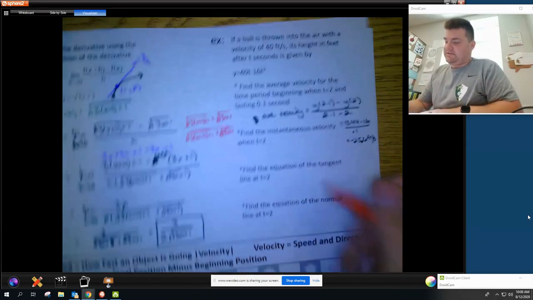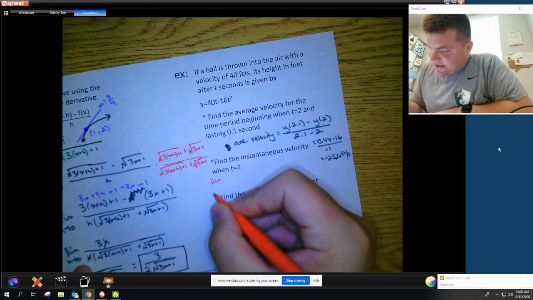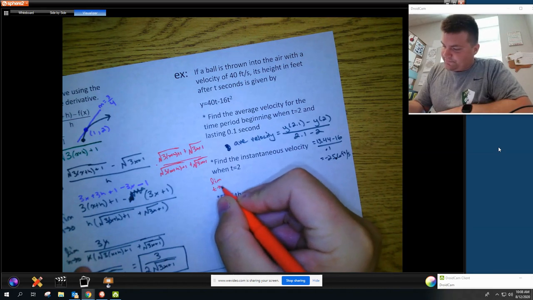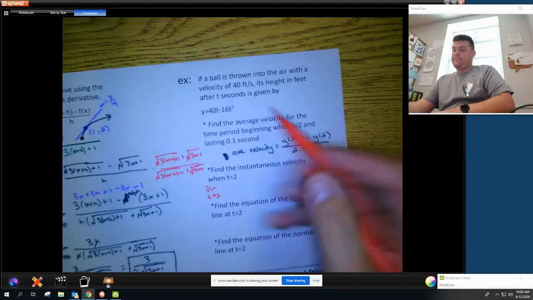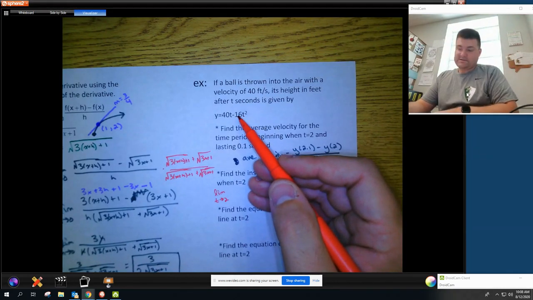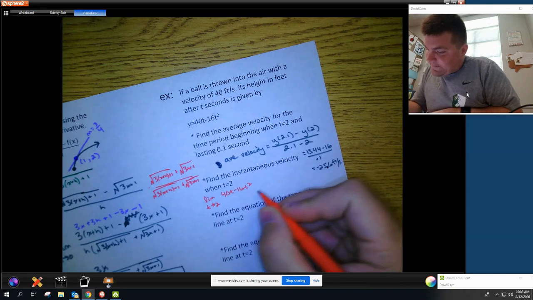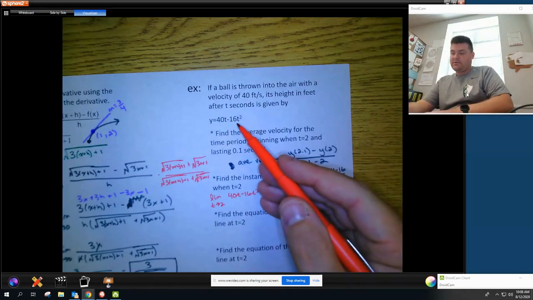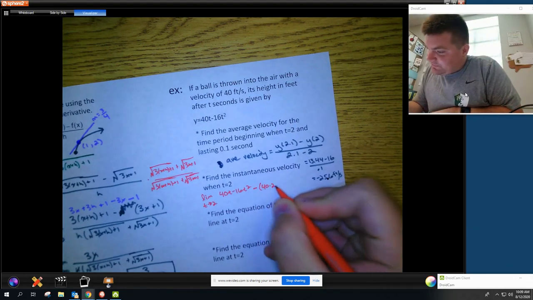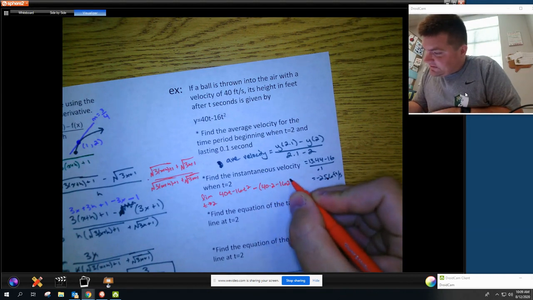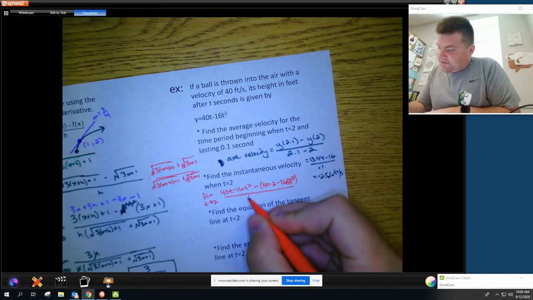Okay, so let's find the instantaneous velocity at 2. So to do that, I'm going to do the limit as t approaches 2 of f of t, which is 40t minus 16t squared, minus f of 2. Okay, so I'm going to plug in a 2 now. So 40 times 2 minus 16 times 2 squared, all over t minus 2.